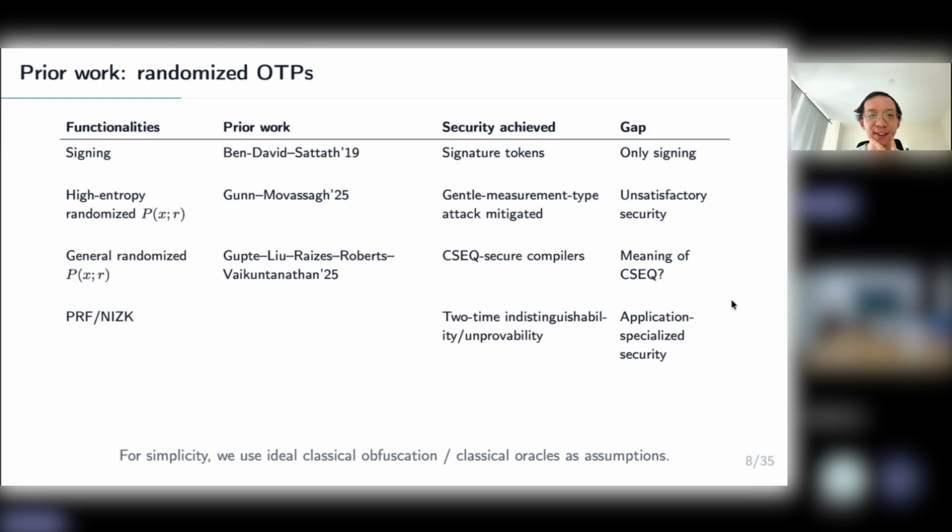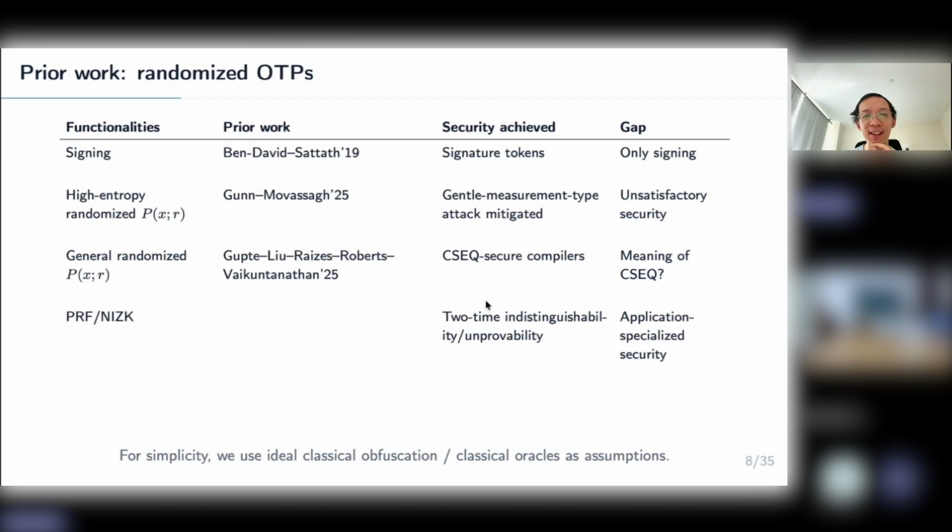In addition, they also have some other results. So they also look at more specialized functionality like a PRF or a NISIC proving functionality. And what they show is that their compiler for these specialized classes also achieves specialized security notions.